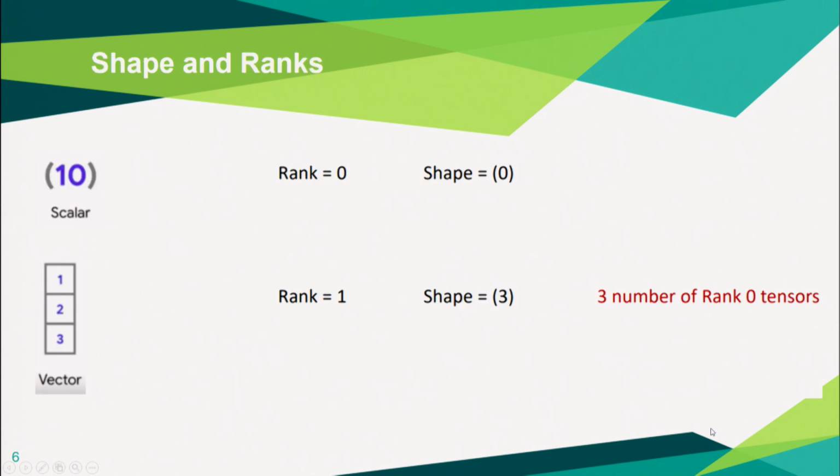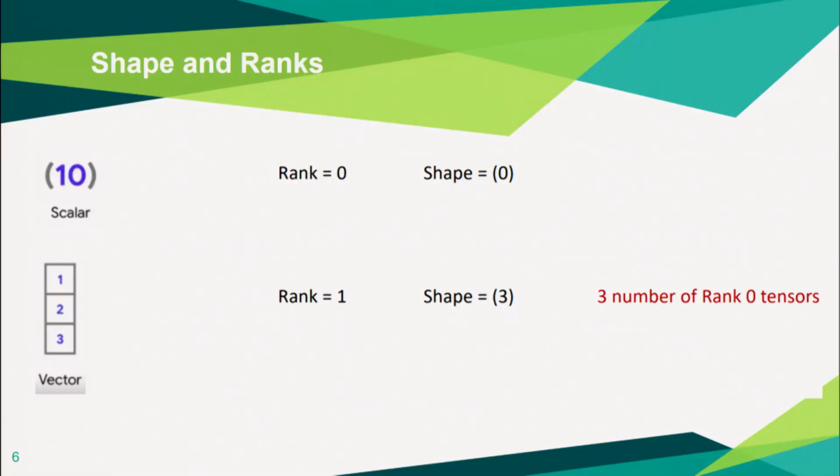Now, moving on to the important concept of shape and rank. What does shape indicate? What does rank in a tensor indicate? Usually, the rank is the degree in which that particular tensor is defined, and the shape is the size of that dimensional array.